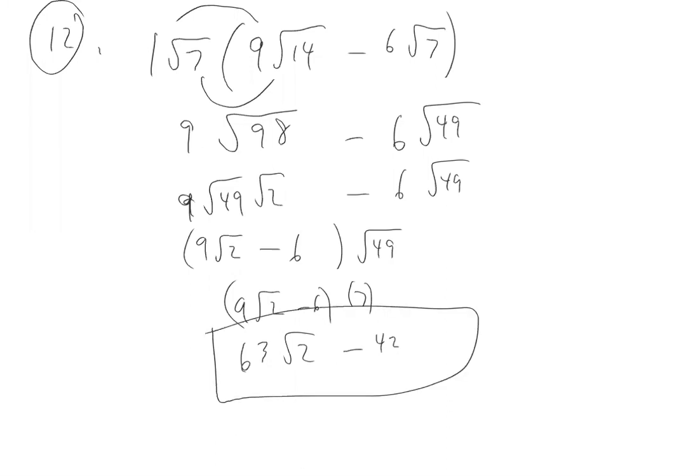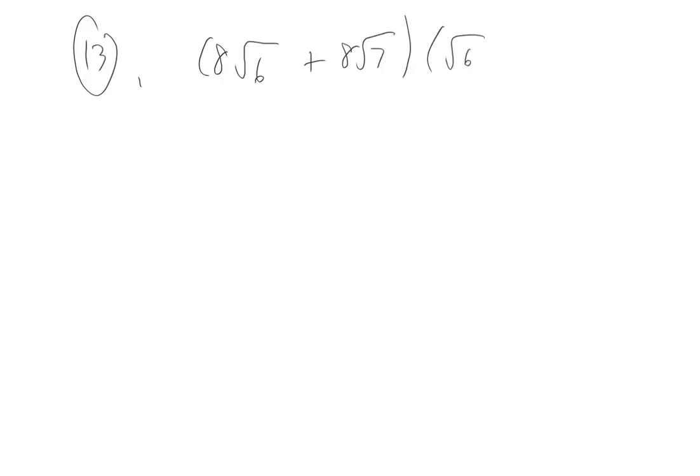Now, let's try problem 13 on the review. So 8 square root of 6 plus 8 square root of 7, parentheses, times square root of 6 plus 7 square root of 7.